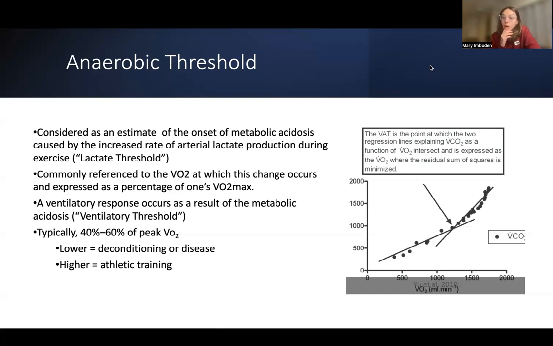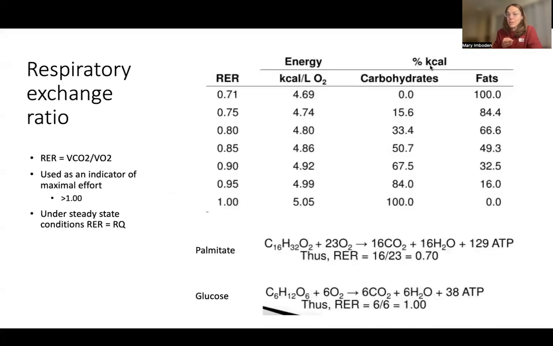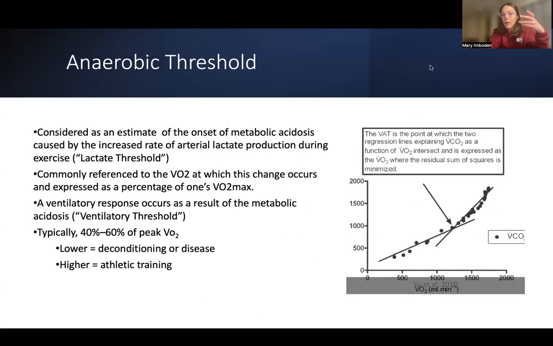And one of the things we also pay attention to from the exercise testing data is our ventilatory threshold. This occurs as a result of the metabolic acidosis. And so what will happen is many people use anaerobic threshold, lactate threshold, ventilatory threshold interchangeably, but really the ventilatory threshold is different. Ventilatory threshold is going to happen after the anaerobic threshold, because as you are buffering and getting rid of the byproducts like carbon dioxide, you're exhaling more, right?